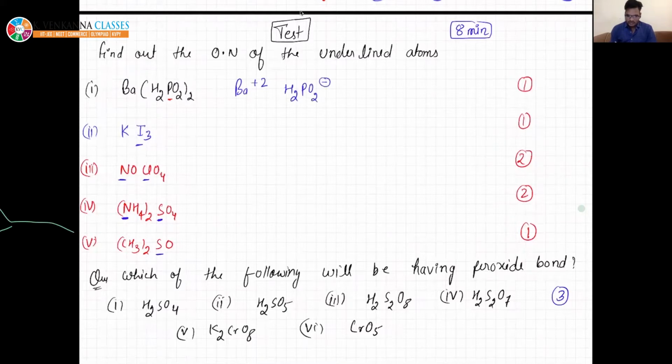And if you solve, then Shashank was right. The oxidation number for phosphorus will become plus one. So plus one is the correct answer for phosphorus. In KI3, it is fixed that K is plus and I3 is minus, beta. So in this case, it will become minus 1 by 3. For now, you understand that it is minus 1 by 3.